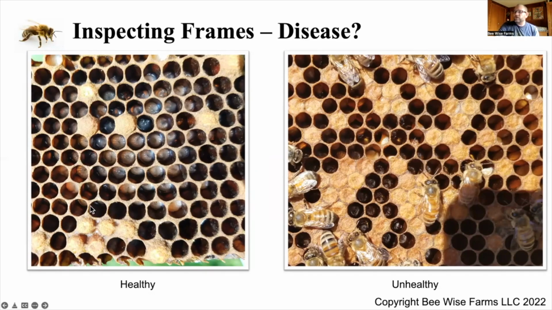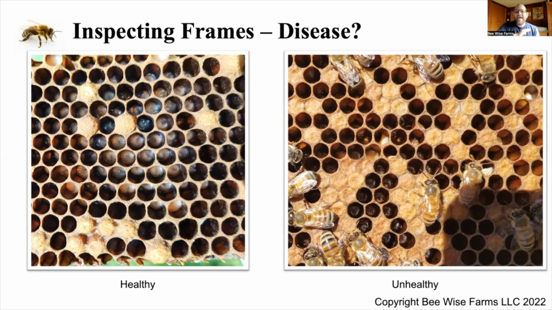When we look closely in the one on the left, the healthy frame, what I want you to see, and what you should always see when inspecting a colony, is bright white larvae. Every single one of these larvae in here is white in color. And when we look at the young ones, you can see there's a pool of royal jelly down there that's white also. When larvae are this color and when food is this color, it is healthy.